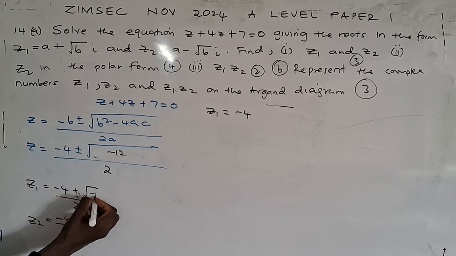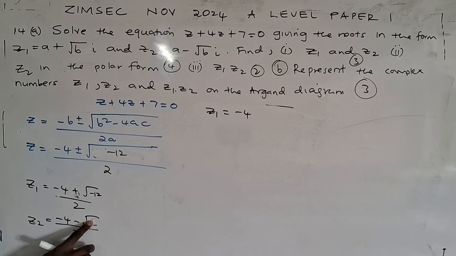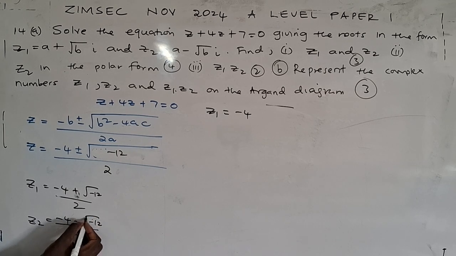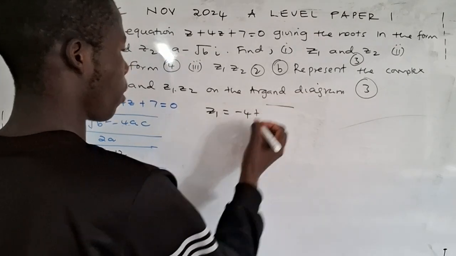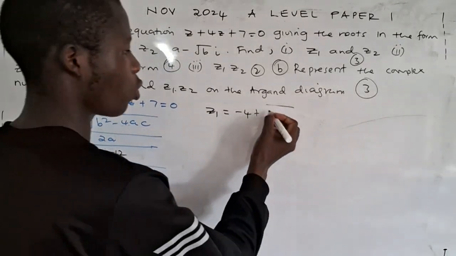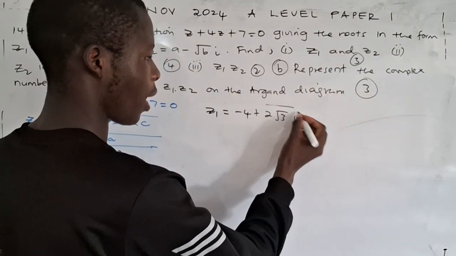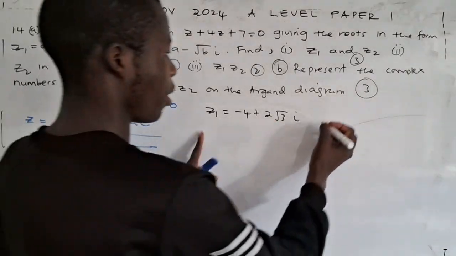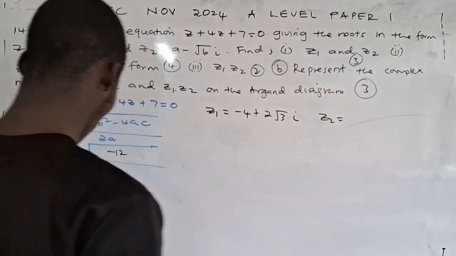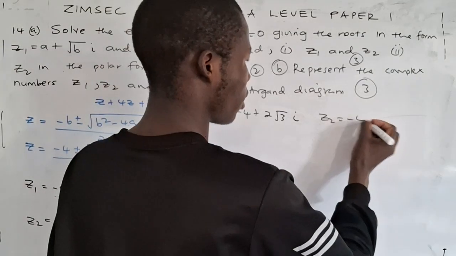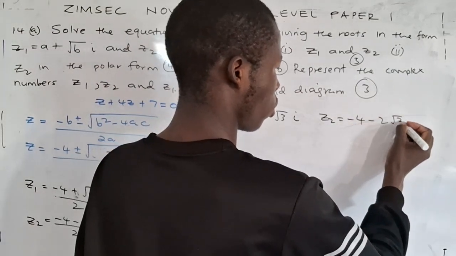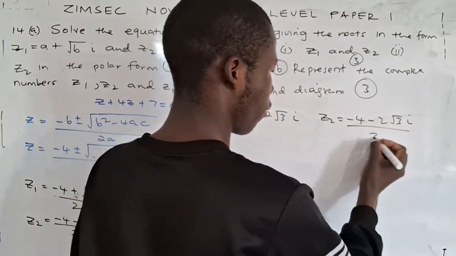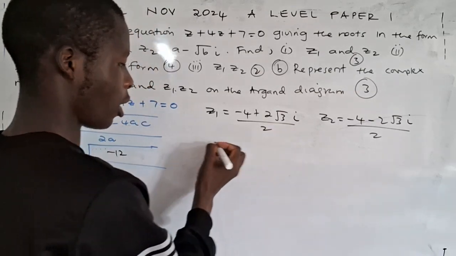So here I'm going to write negative 12. So this is negative 4 plus 2 root 3i, since the square root of a negative is nothing but i. Then z2 is equal to negative 4 minus 2 root 3i, everything divided by 2.